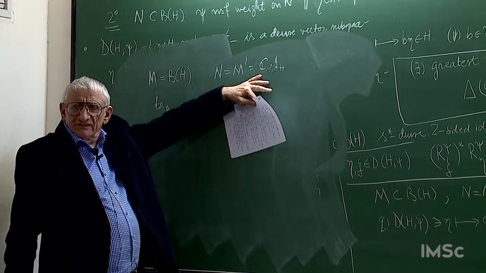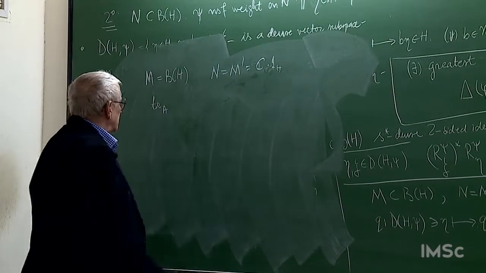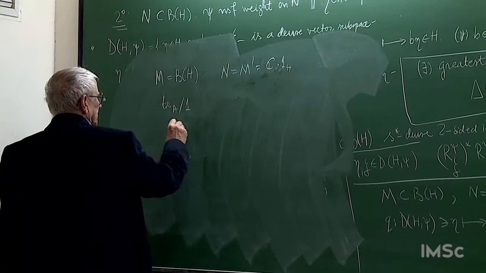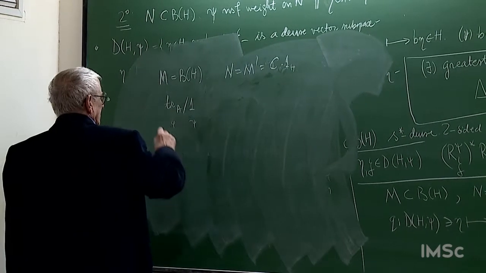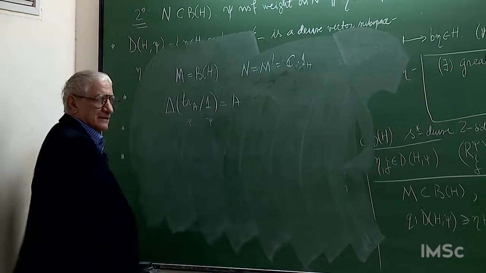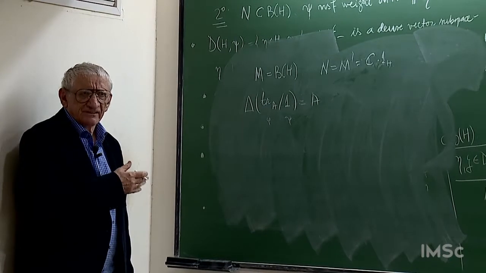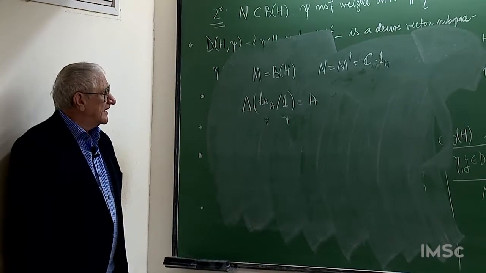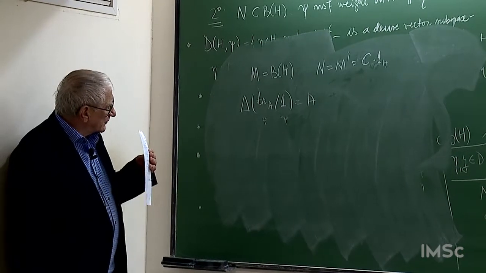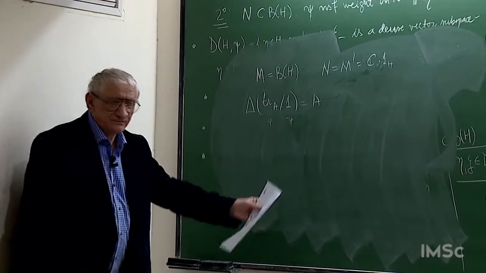It's just the identity representation, lambda going to lambda, I will denote it by 1. So this is for phi, this is for C. And delta is equal to A. It's very simple to check that with the definition I gave, but it is also relevant for what this derivative means.